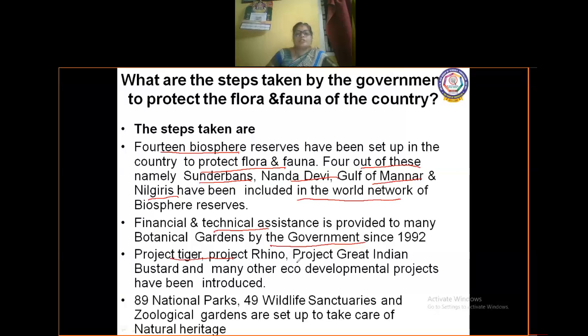Project Tiger, Project Rhino, Project Great Indian Bustard, and many other economic development projects have been introduced, and 89 national parks, 49 wildlife sanctuaries, and zoological gardens are set up to take care of our natural heritage.